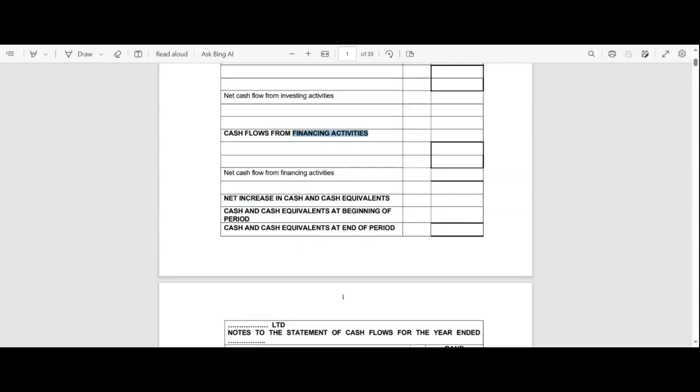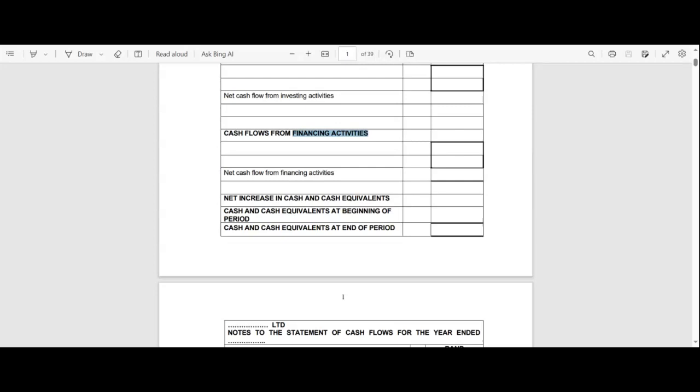Then, ladies and gentlemen, also just a little hint here. I know this is something that students very often miss. Sometimes you may find in your statement of financial position that you've got a positive bank balance in 1 year and you've got an overdraft, a negative balance, in a different year.